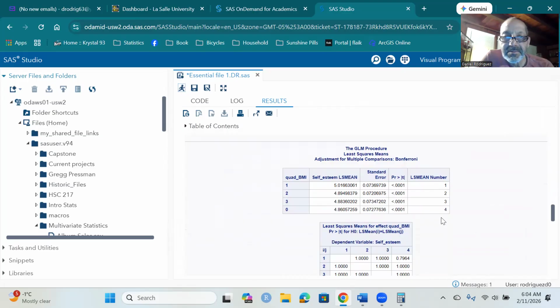Pretty cool. So again, here are our least squares means adjusted for our different levels of body mass index. So you can see that self-esteem is lowest over here, right?